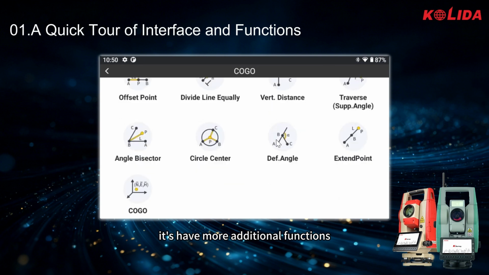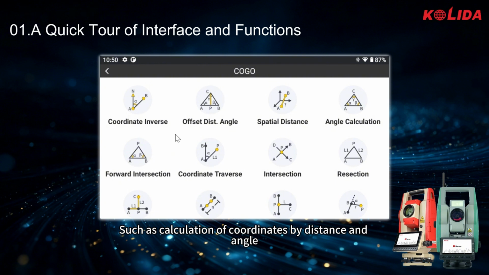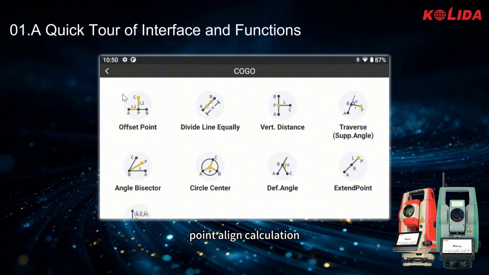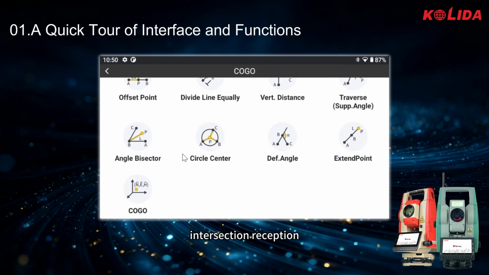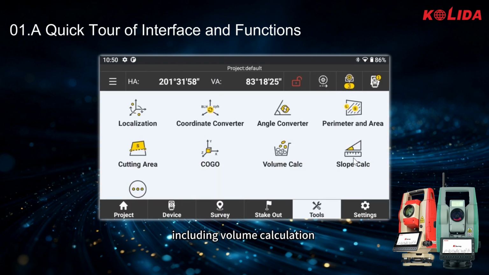It has more additional functions, where we can go through the calculation of coordinates, such as calculation of coordinates by distance and angle, point align calculation, spatial distances angular calculations, intersection reception, calculation of displaced points among others, including volume calculation and slope calculation.